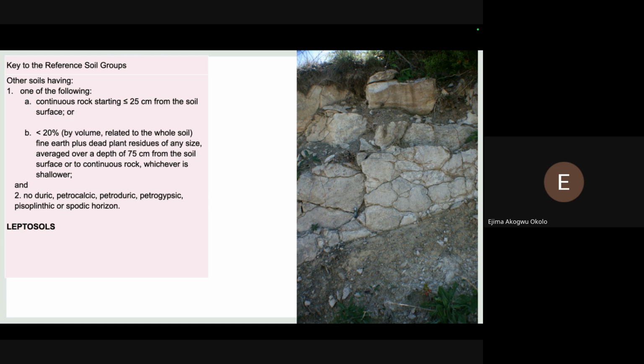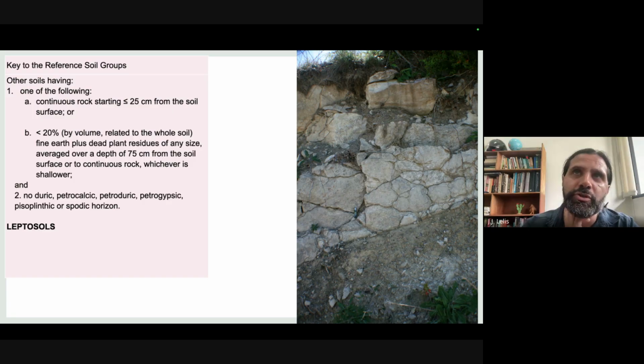Is that what you're saying? No, no. You are saying that these soils do not register any diagnostic horizon that's quite thick, and they do not register a lot of fine earth.